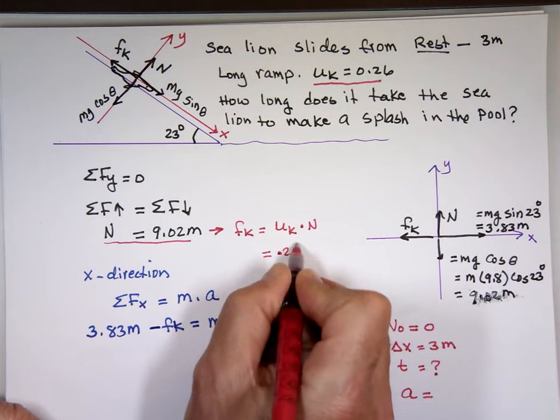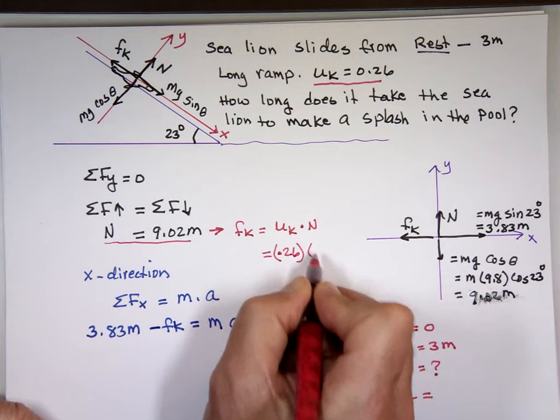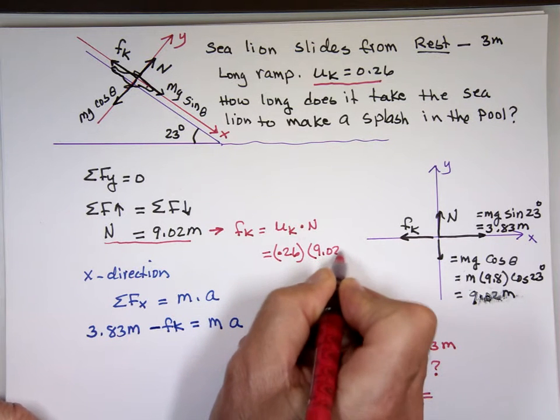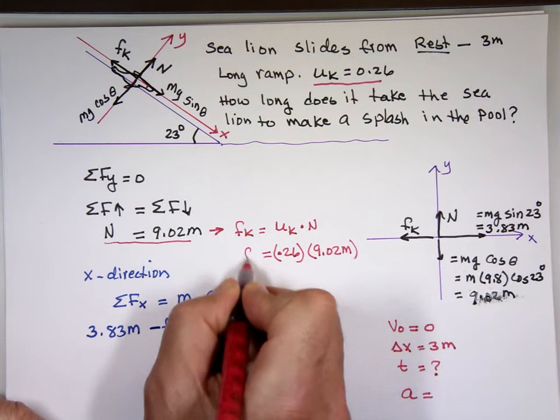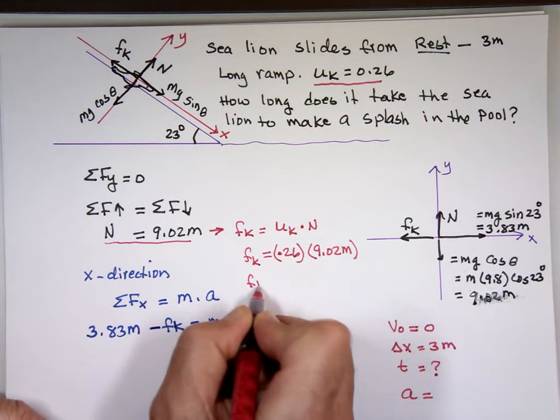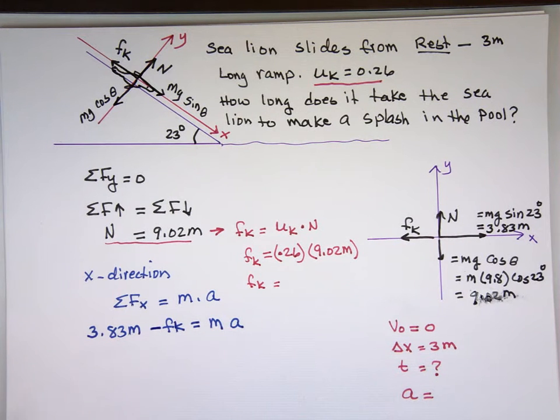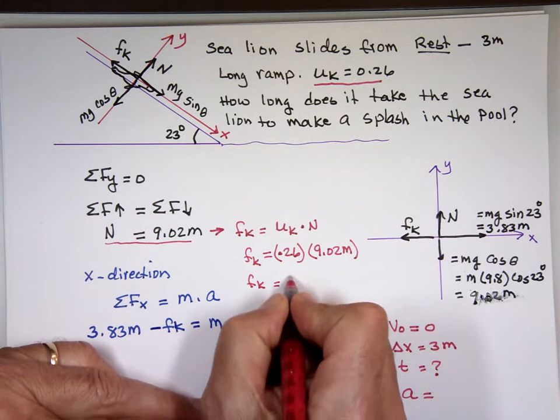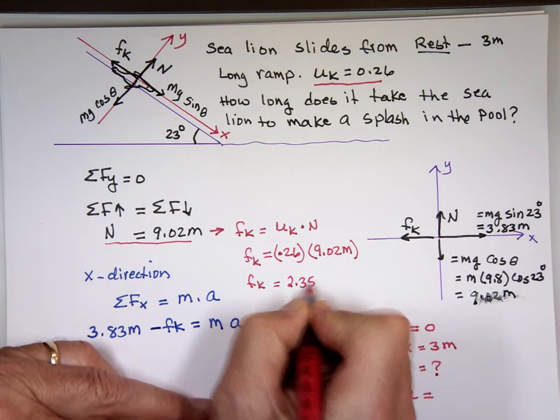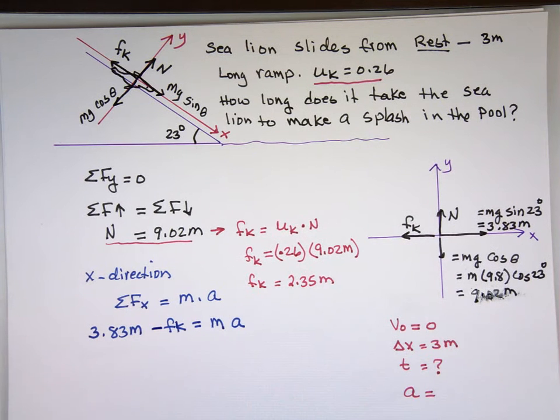What is N? N is 9.02 m. Do the math. What's f of k? f of k is 2.35 m. Now that should help me, because I can take this value and put it right here.